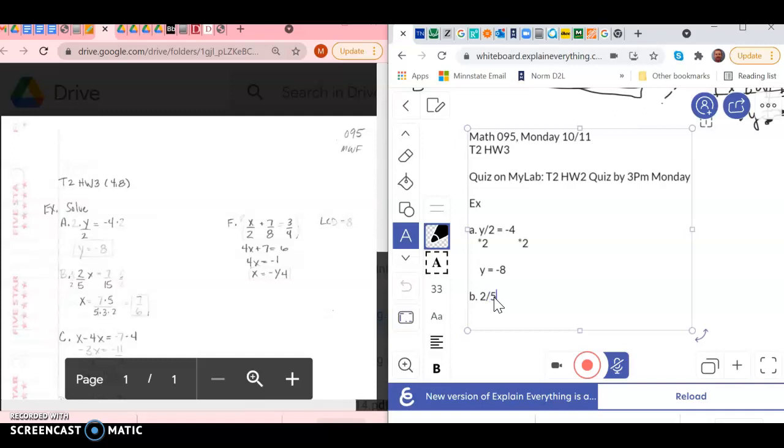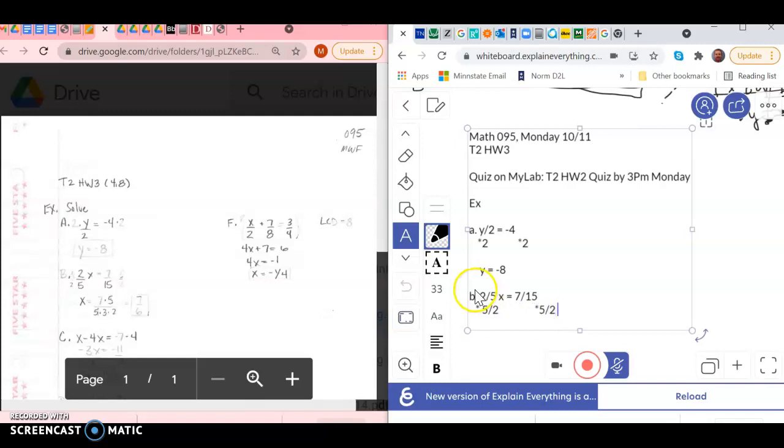And then example B, 2/5 x equals 7/15. Here you want to multiply by the reciprocal. So instead of 2/5, you want to multiply by 5/2.